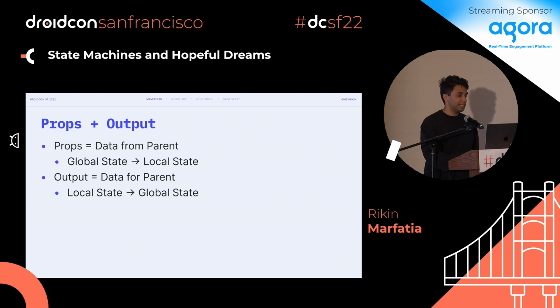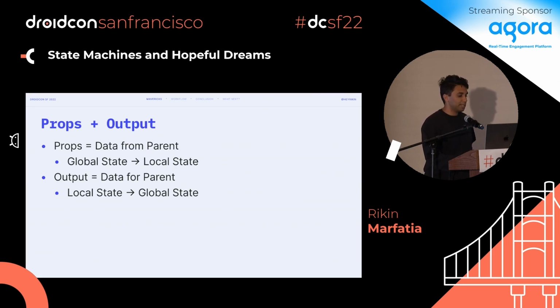Well, based on the way that I model my domain, I have this idea of sub features in my global domain. So I constantly have this idea of mapping global state to local state and local state back into global state. And I feel like props and output work really well with that school of thought.